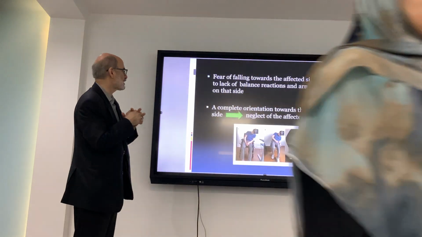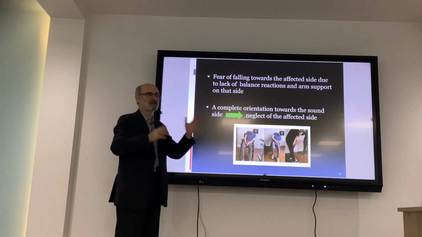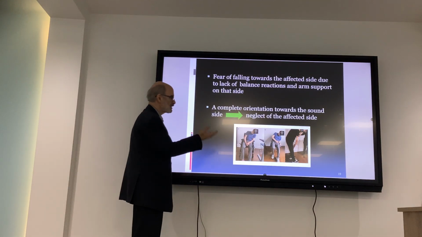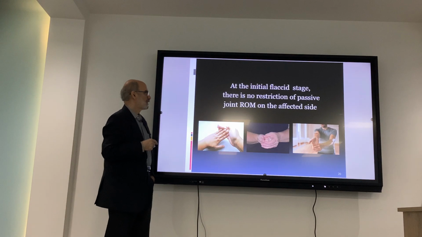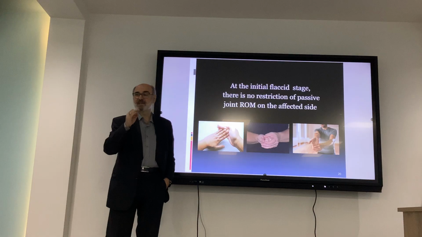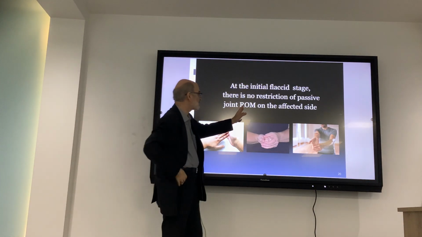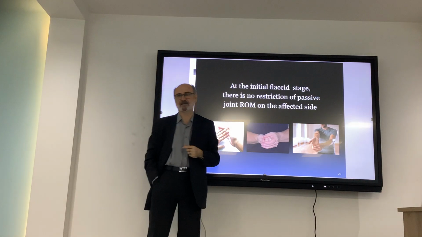In the flaccid stage, there is no midline orientation. They cannot keep the body in the midline position when in sitting position. Remember that at the initial flaccidity stage, there is no restriction of passive joint ROM on the affected side.